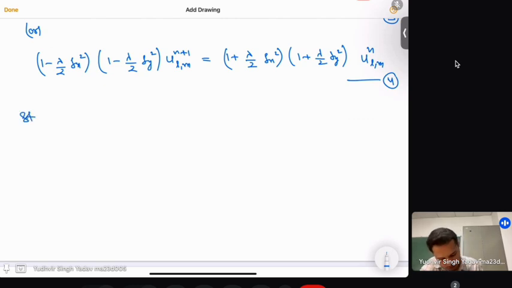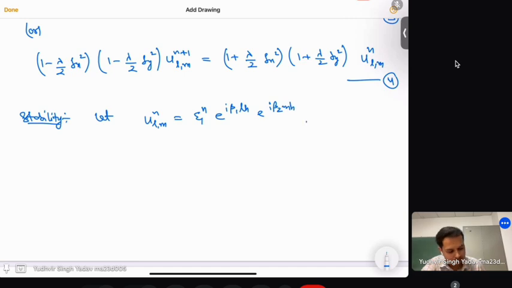So one can also see the stability of the scheme. Let the solution be of the form again u l comma m to n is xi to the power n e to the power iota beta 1 LH plus e to the power iota beta 2 MH.